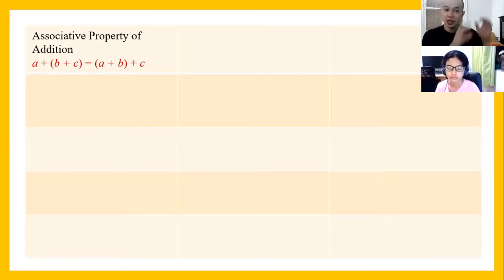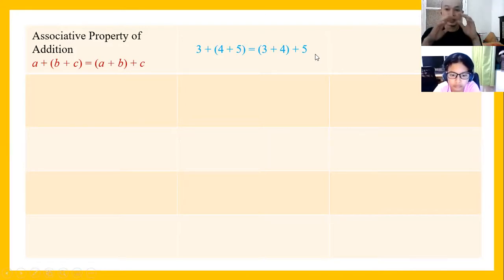A plus the group B and C together will be just the same if you group A and B added to C. Example, 3 plus 4 plus 5 is equal to 3 plus 4 plus 5. You just transfer the groupings, but the value is the same. That's associative property of addition.